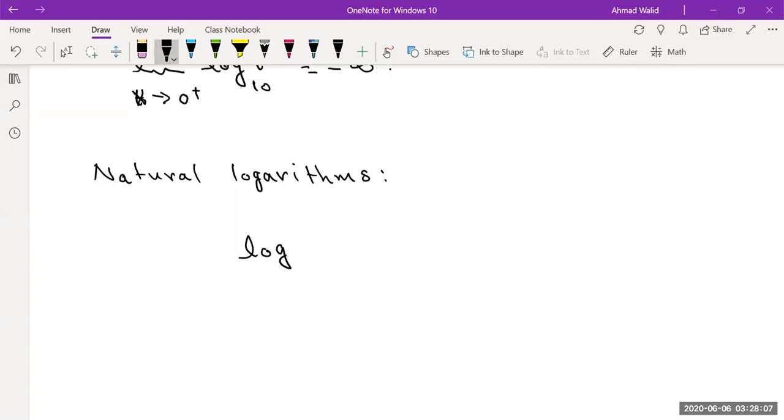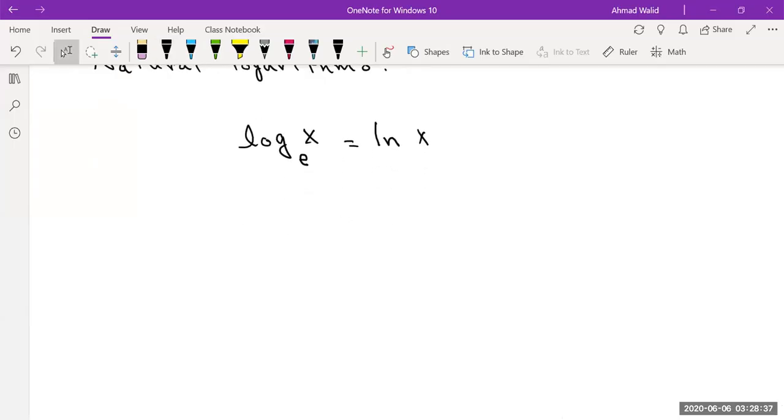If you have log x base e, and now you know e, which number is e? Instead of this notation that you write log x base e, we write ln x. And we call ln the natural logarithm or natural log. Correct? The reason is here.